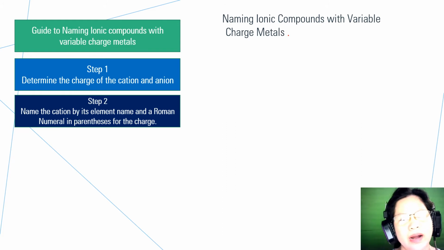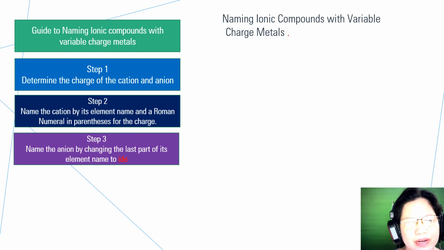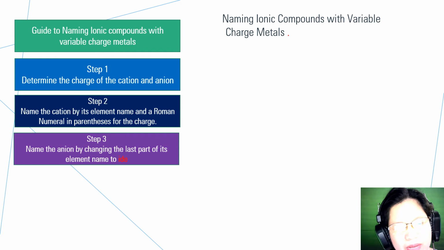Okay, still these are an example of ionic, but this time they have 2 or more charges. So name the cation by its element name and a Roman numeral in parentheses for the charge. Then third, name the anion by changing the last part of its element name to IDE.